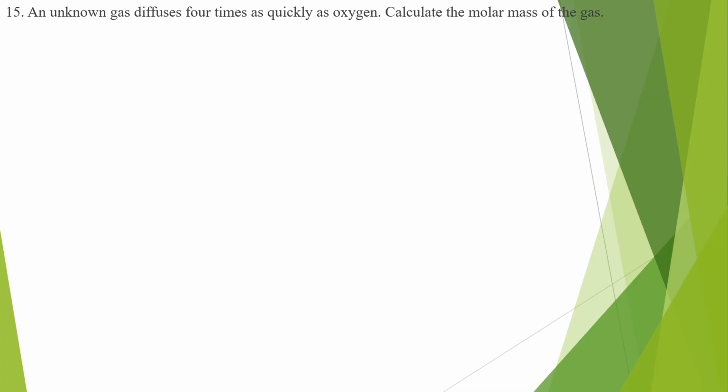So, next problem is an unknown gas diffuses 4 times as quickly as oxygen. Calculate the molar mass of the gas. So, first we start by considering, let the rate of diffusion of oxygen be R1.